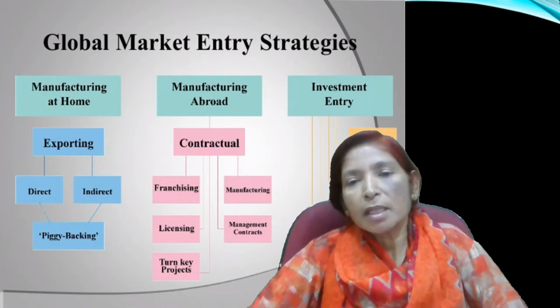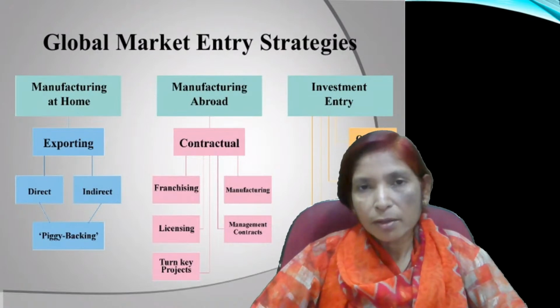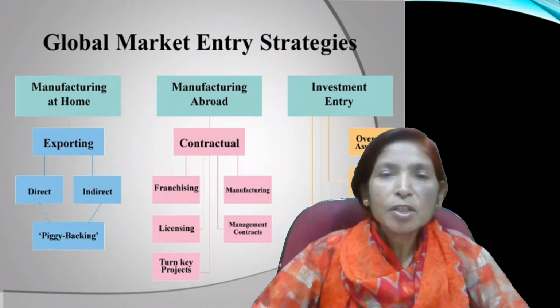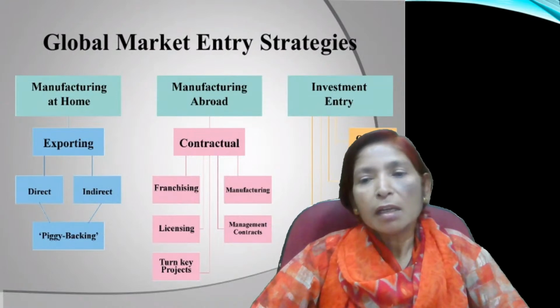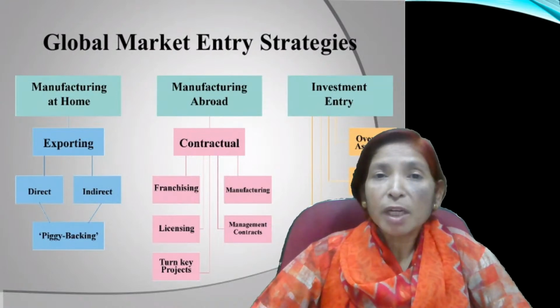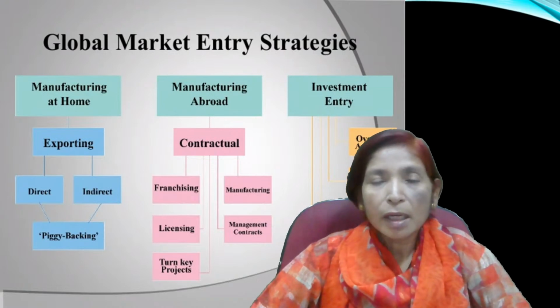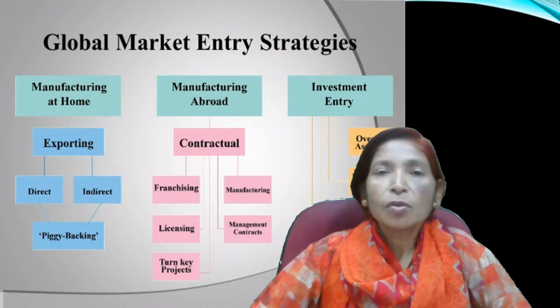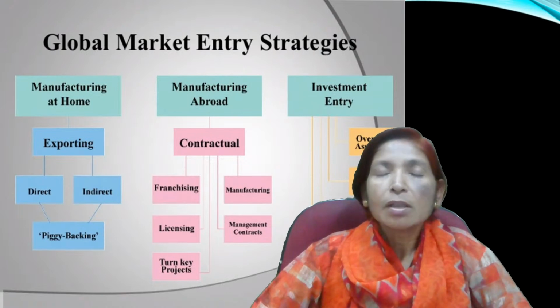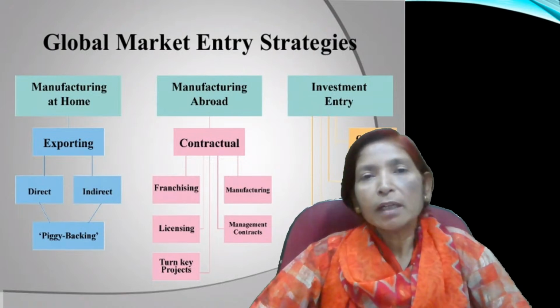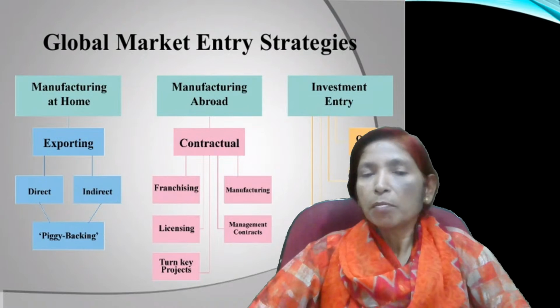And the third strategy is investment entry. You can invest your money overseas, or invest through FDI in the rest of the world, and through acquisition or joint venture you can enter the global market.